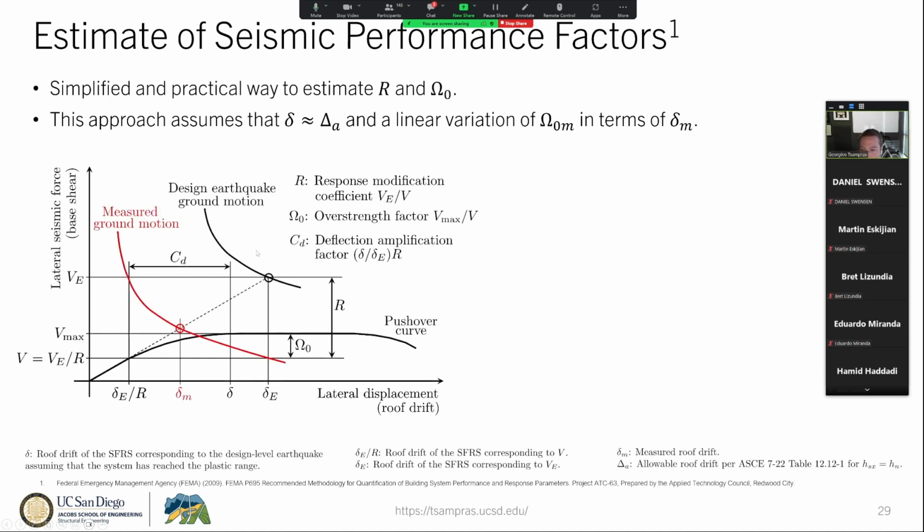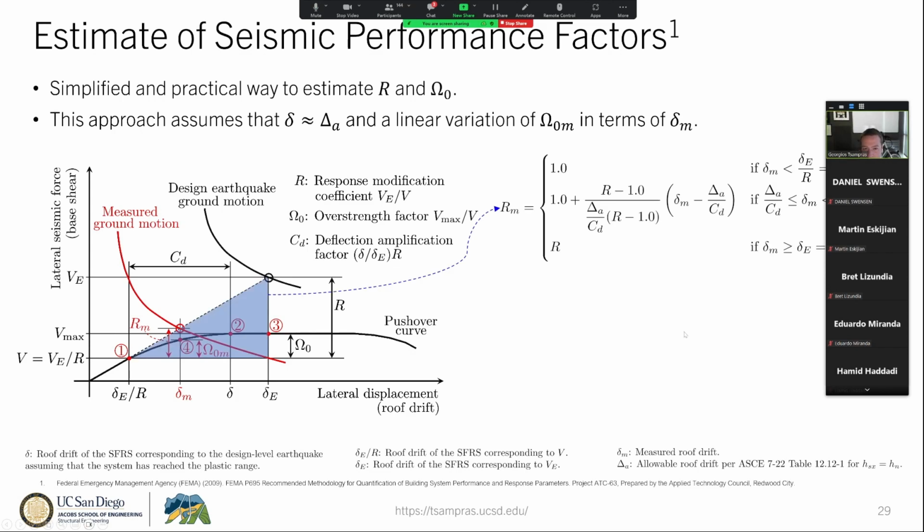But as we said, there is an issue with our process. We work with measured ground motion data, which are typically lower than the design earthquake ground motion level. So that means that we get also a lower drift demand, a displacement demand. So we can try to potentially compute a reduced seismic response modification factor and overstrength factor, R and omega respectively, for that given seismic intensity that we are working with.